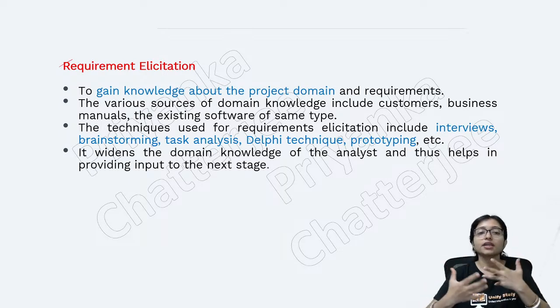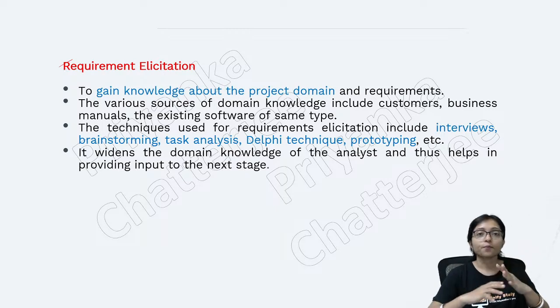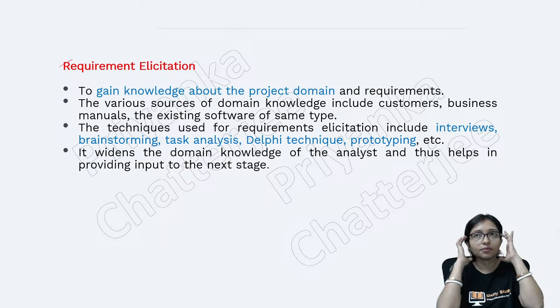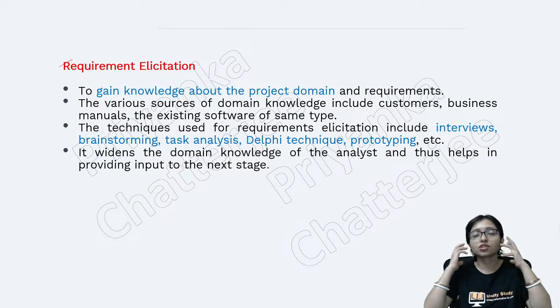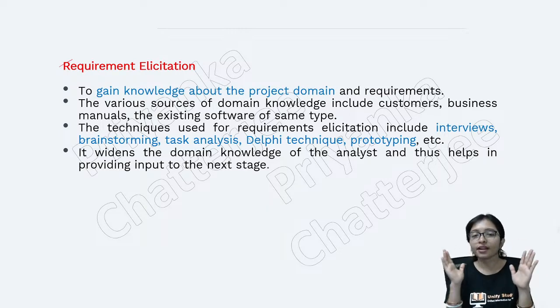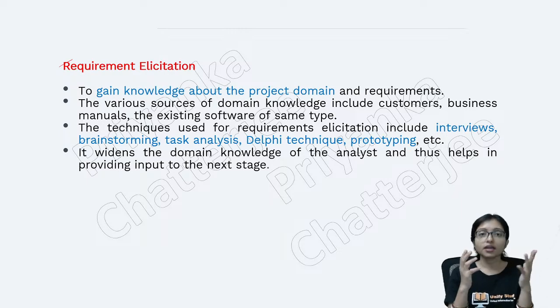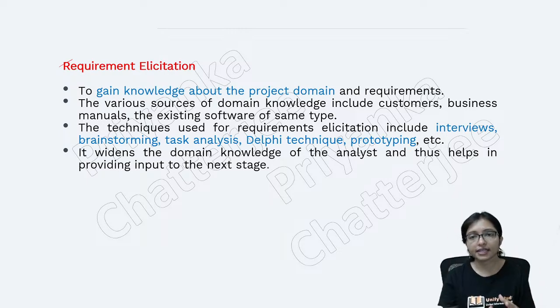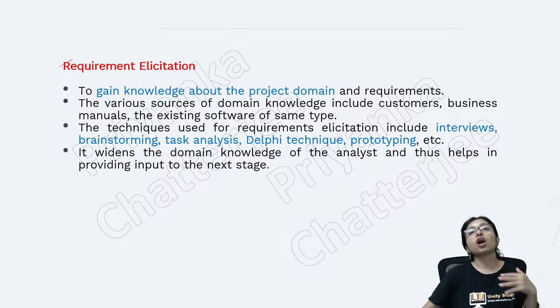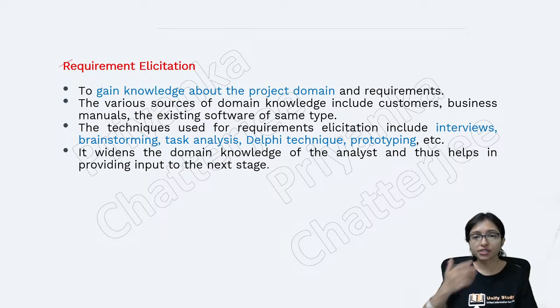The conceptual meaning is that there will be a requirement, there will be planning in the customer's mind. Some of the planning will be good and practically possible, some of the requirements may not be practically possible, and you may also have to suggest to the customer.